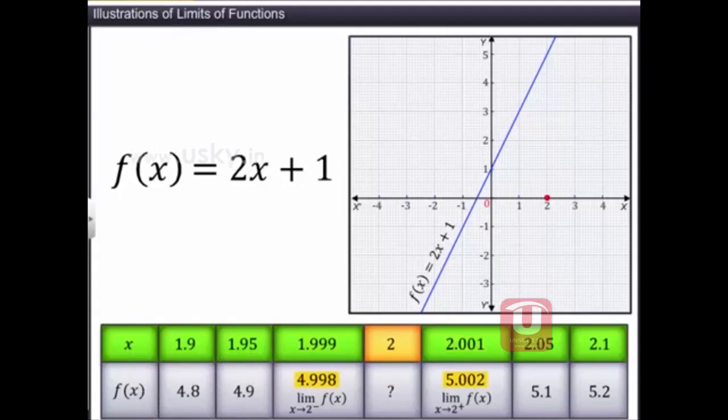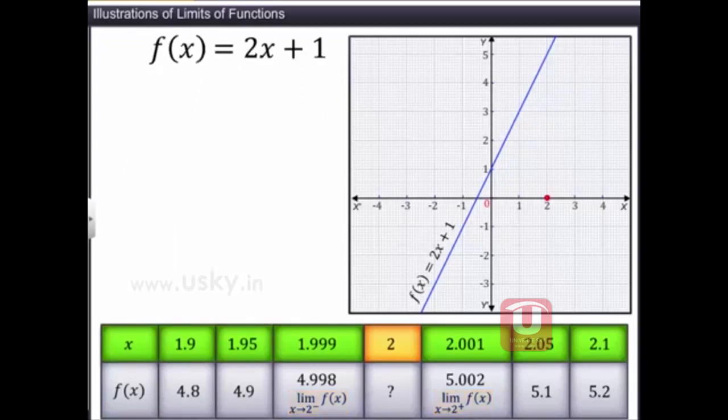You can see that there is no significant change in the value of the left hand and the right hand limits. You can also observe that both the limits are approaching 5. This implies that the two limits coincide with each other and the limit of the function exists at 2. Therefore, we can assign the limit of the function at 2 as 5. This is evident from the graph.